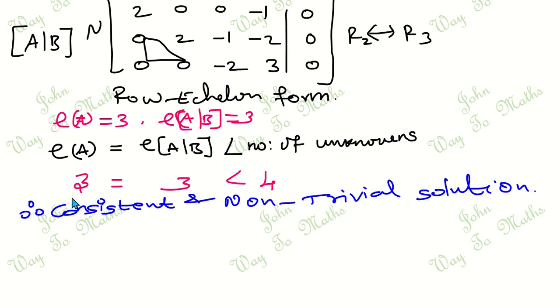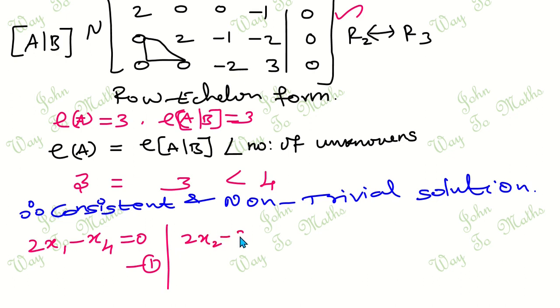So I'm going to write the equation. First one becomes 2 times x1, then 0 x2, 0 x3, 0 x4, minus x4, which is equal to 0. That is the first equation. Then the second equation becomes x1 is 0, so 2 times x2 minus x3 minus 2 times x4 which is equal to 0.